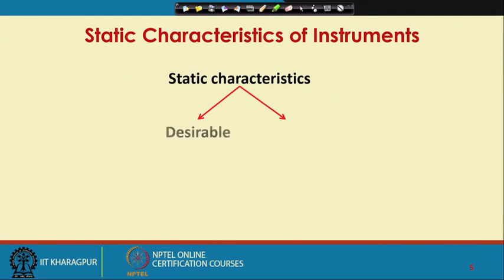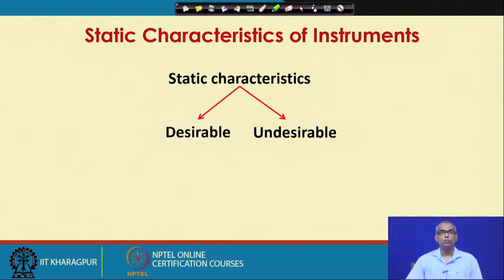Now, there are certain static characteristics which are desirable, that means we want them in our instrument systems, and there are static characteristics which are undesirable. So, we do not want them, or we want to have them present as minimally as possible.